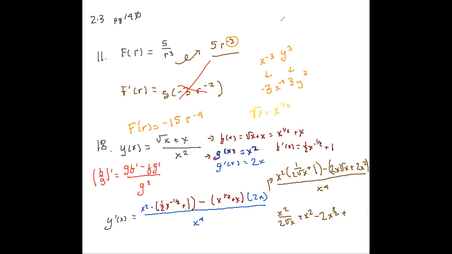And this is, again, I probably shouldn't have turned this back into roots because that is x to the half. So this becomes minus 2x squared over x to the 4th.